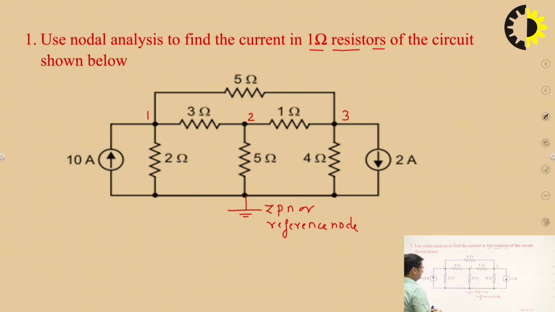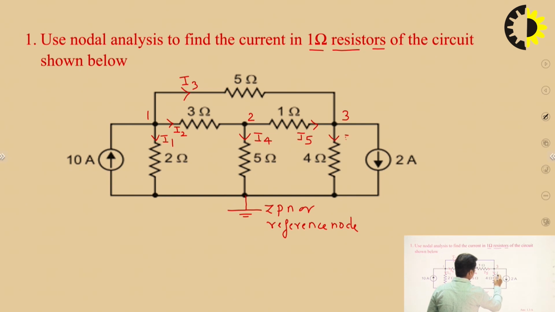Suppose the currents in the different branches are I1, I2, I3, I4, I5, I6.